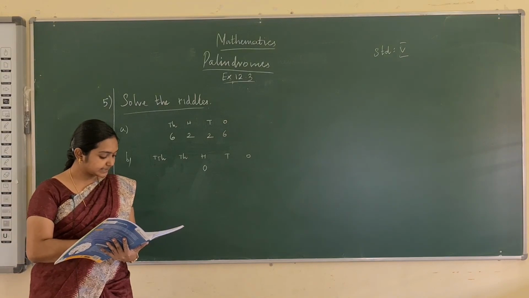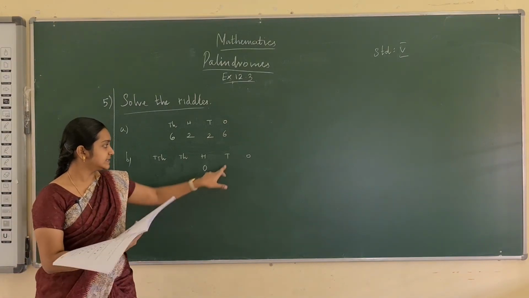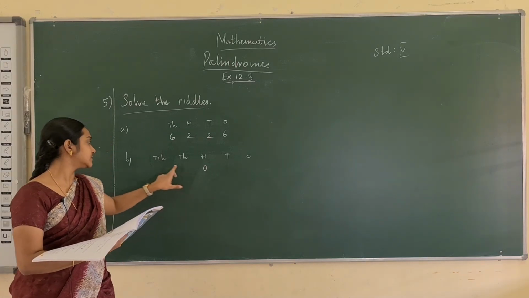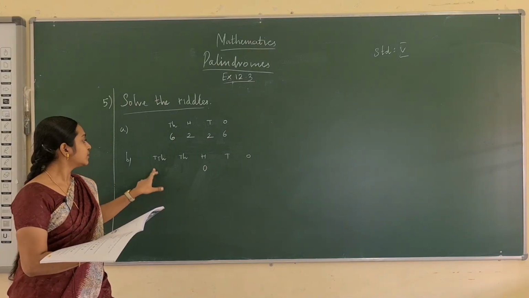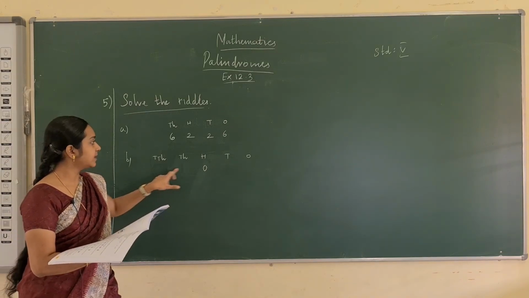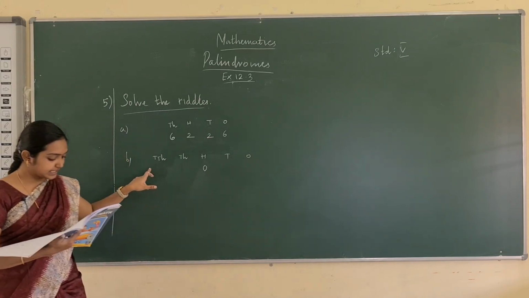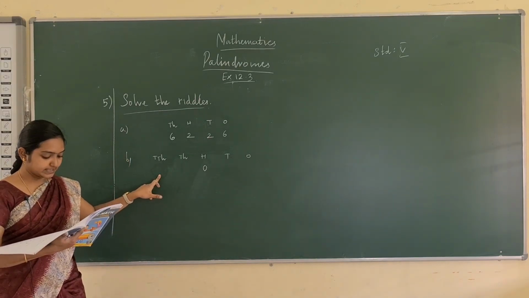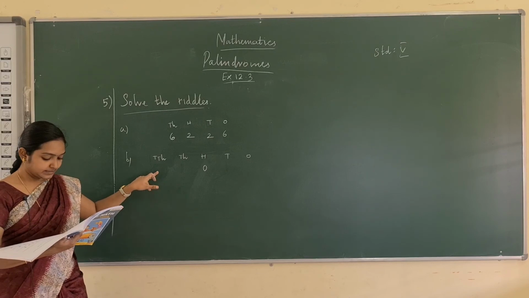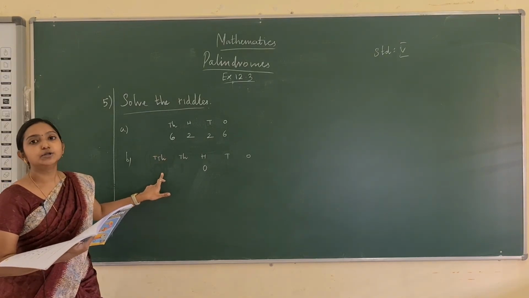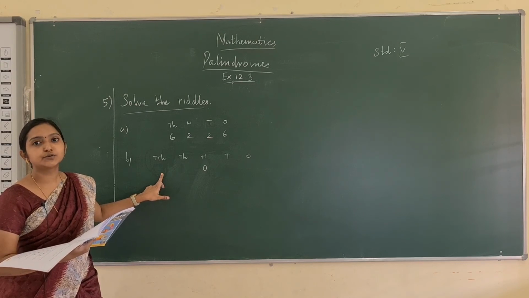The digit in the tens place is twice the digit in the 10,000s place. So there is a digit in the 10,000s place. If we twice that number, we will get the number in the tens place. The digit in the 10,000s place is 2 times 1, which is 2 into 1.